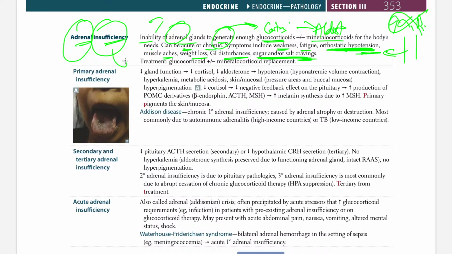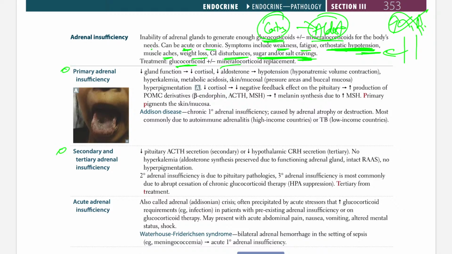Treatment is simple. When they cannot make it, give it from outside. If it is glucocorticoid, which is cortisol deficient, give glucocorticoid. Aldosterone deficient, give mineralocorticoid. Replace them. Now let's talk about primary, secondary, and tertiary adrenal insufficiency. The primary, as the name suggests, is your primary adrenal gland being affected. You have a decrease in gland function.